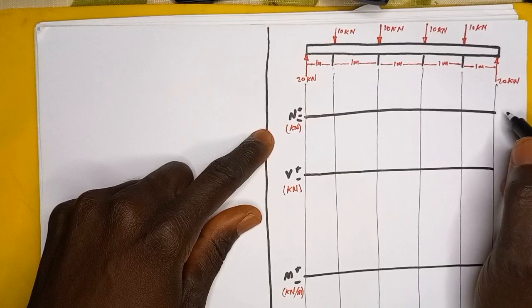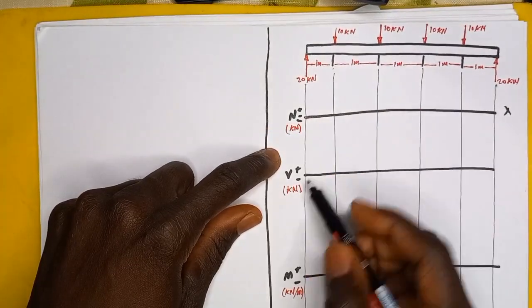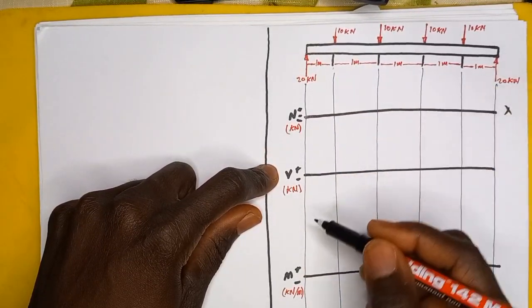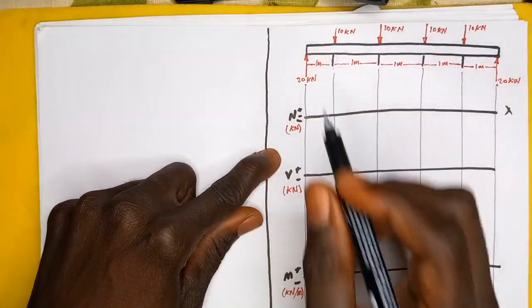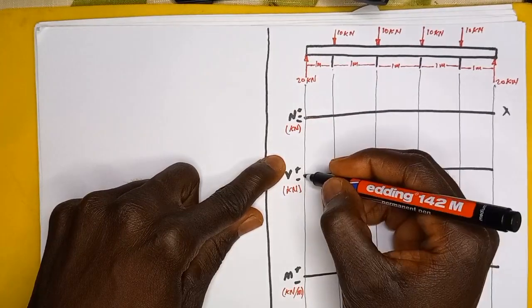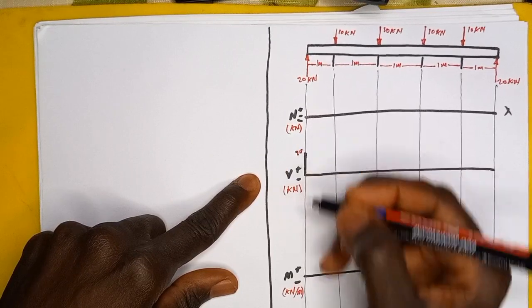So this one will cross this one, and for the shear force, we have forces acting in the y direction. And the first force here is 20 kilonewton, right? So this takes us up because it's pointing up. It's 20, right?